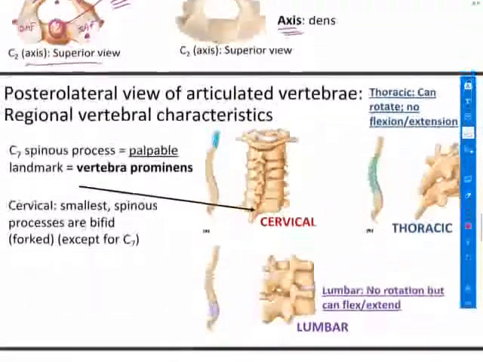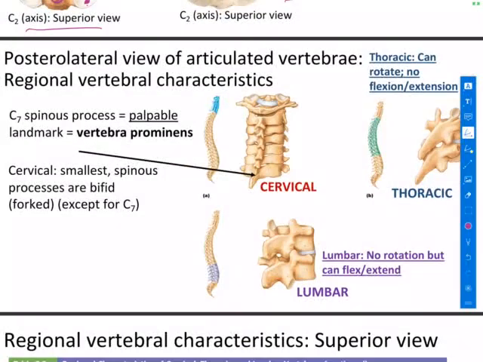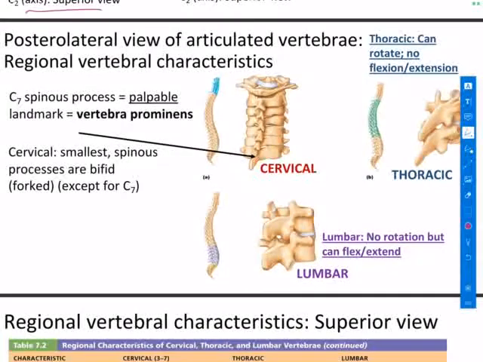Okay, now let's look a little bit at the cervical vertebrae. Here, you can see that there are 7 cervical vertebrae, and the cervical vertebrae have some unique characteristics that help you identify them as cervical rather than lumbar or thoracic, and that's something you might have to do on a lab exam. I might put out a vertebra and say, from what section of the vertebral column does this vertebra come?